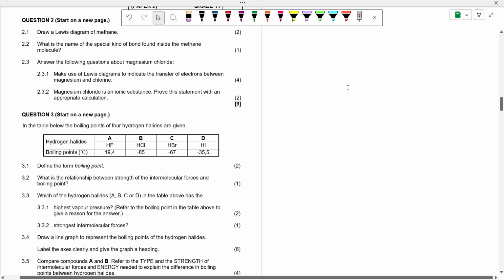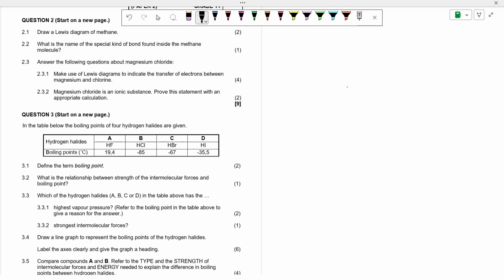Okay, question 2, draw a Lewis diagram of methane, just like that. Is it simple or is it hard? It's relatively simple compared to everything else. Yeah, okay, so what is the formula of methane? Chemical formula.